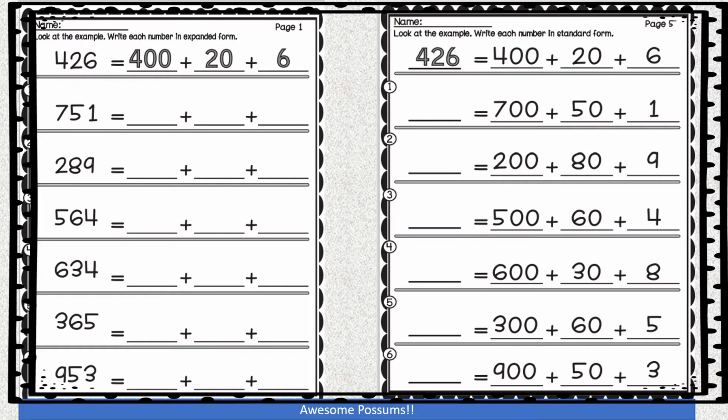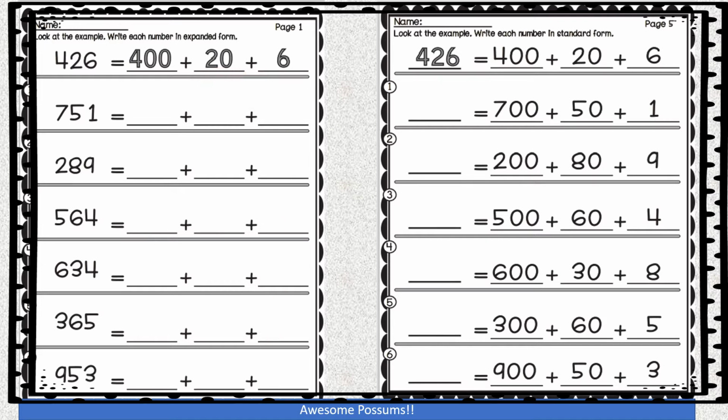On this slide, boys and girls, I'd like to review with you how to write numbers in expanded form and how to take numbers from expanded form and write them into standard form. So let's look at the first number, 426. To take the number 426, which is in standard form, and write it in expanded form, I would write 400 plus 20 plus 6.